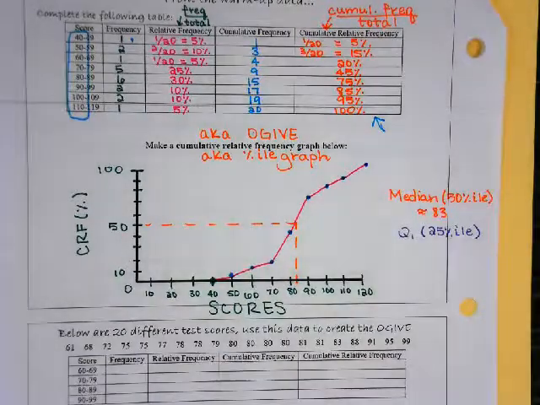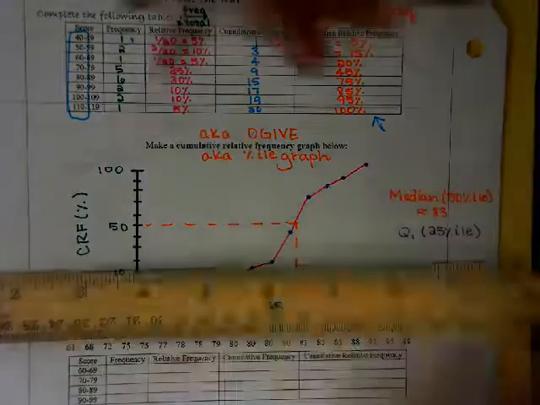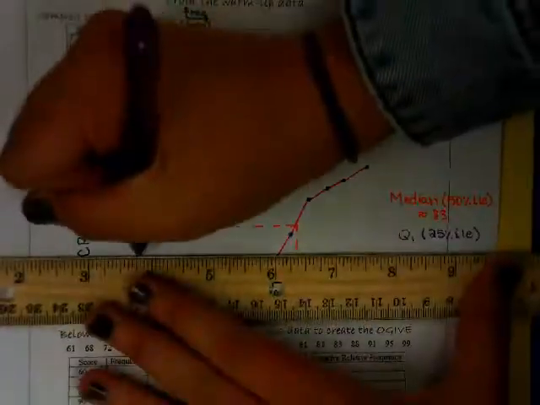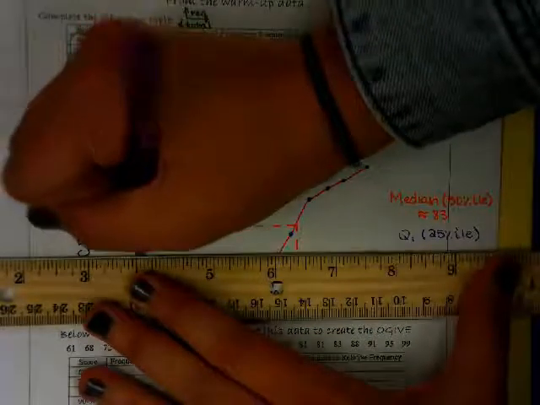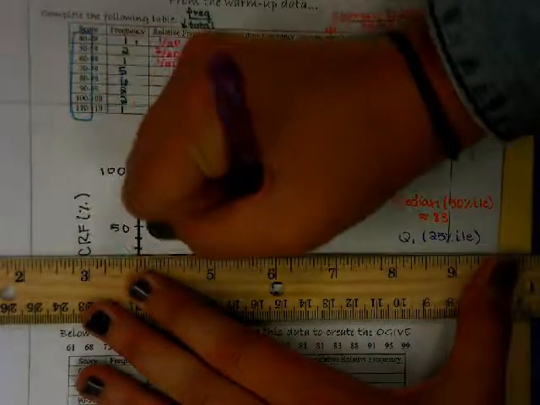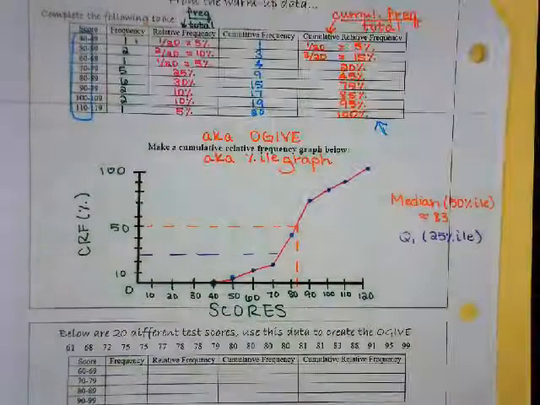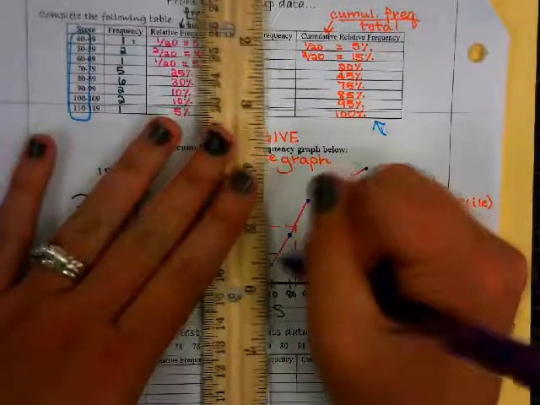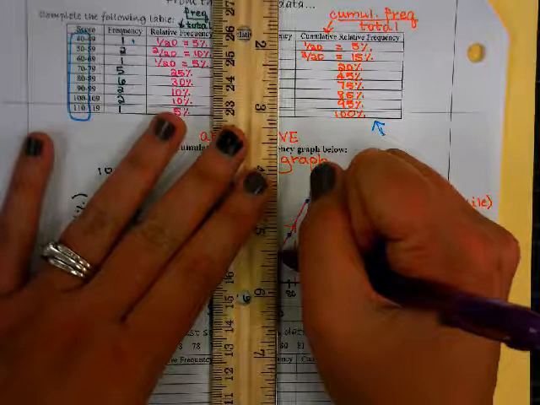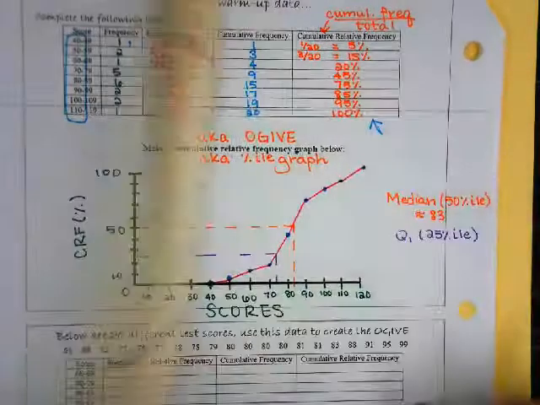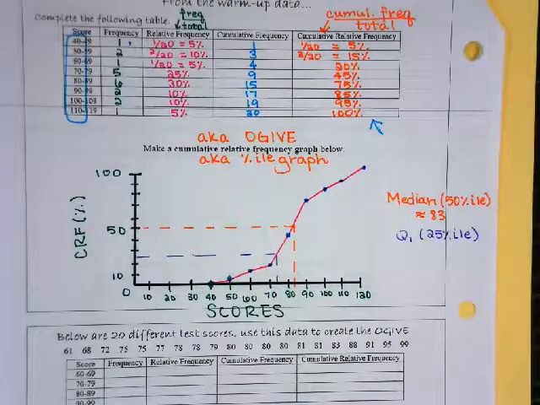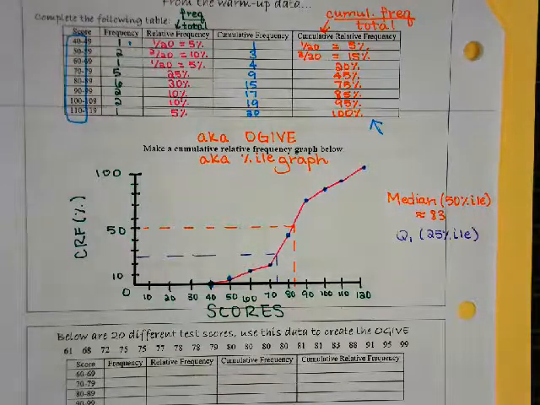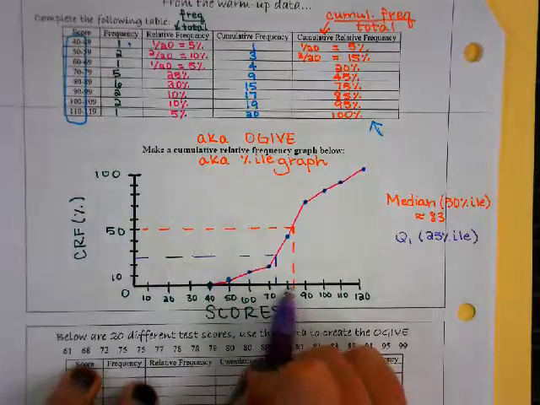So if I come over here, 25, and then I drop down, I would say it's about 72, 73. I'll go with 73. It looks like about the same distance right there. So about 73.